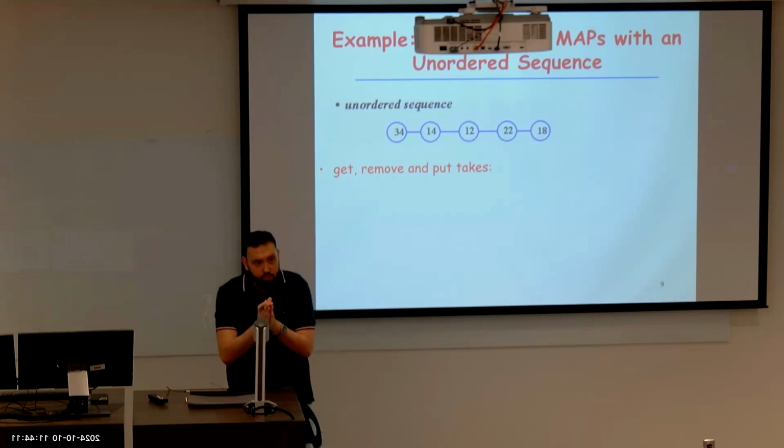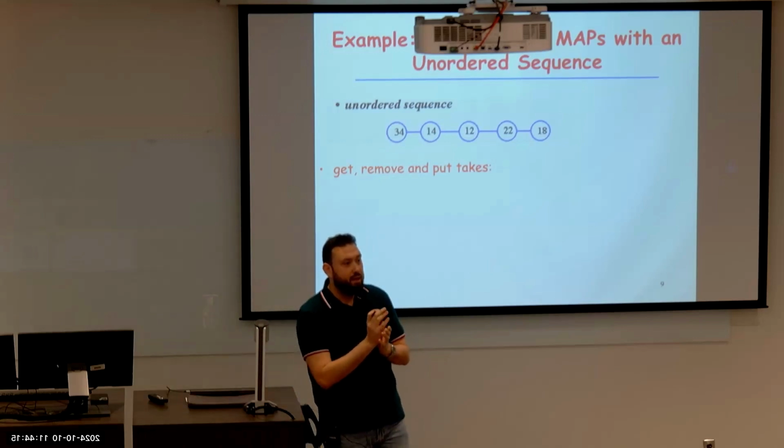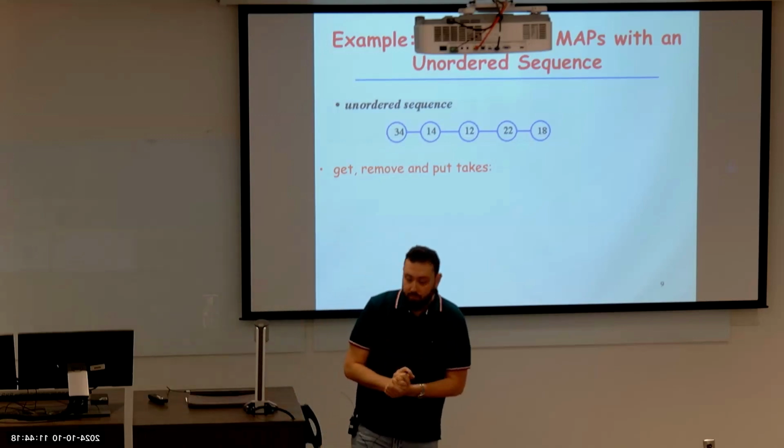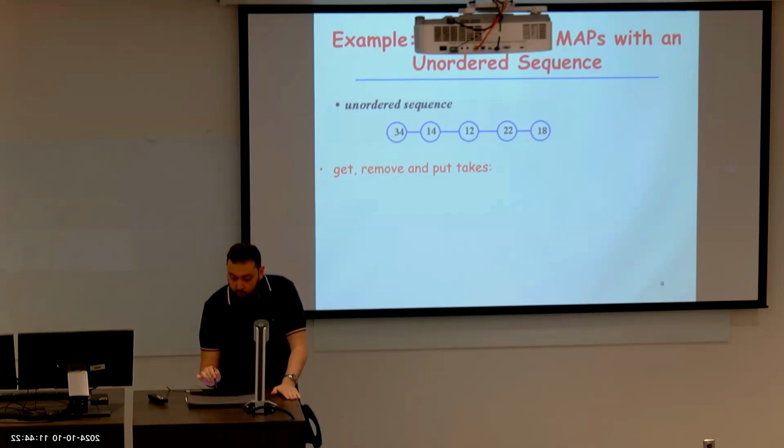So as usual, we're going to start with the sequence, with a linear type. So I want to implement the map, the first thing to talk about is the unordered sequence. Now, this unordered sequence can be implemented using an array or a linked list. We already covered this.